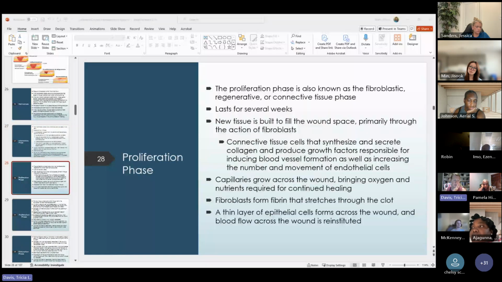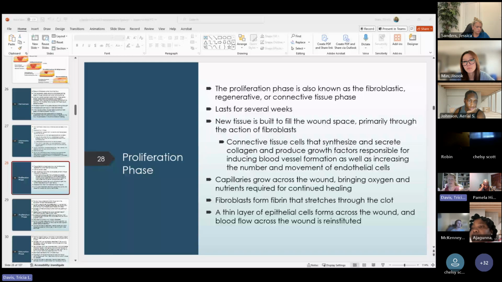Then we have the proliferation phase. During this phase, we're going to see this fibroblastic regenerative or connective tissue phase. So we think about fibroblasts, they will help take that connective tissue and make new granulation tissue.